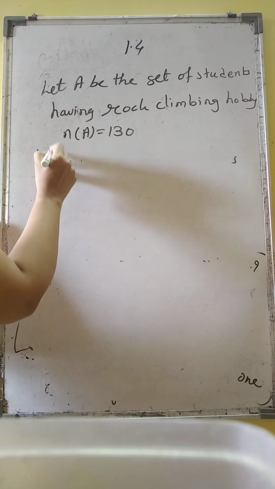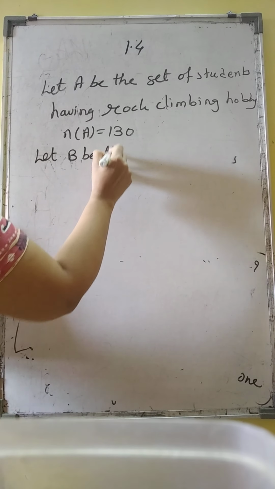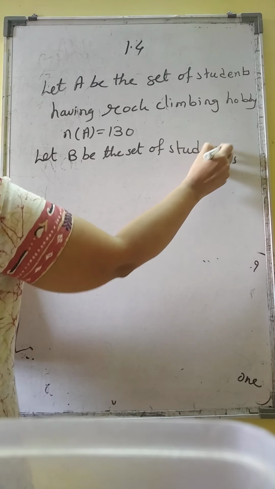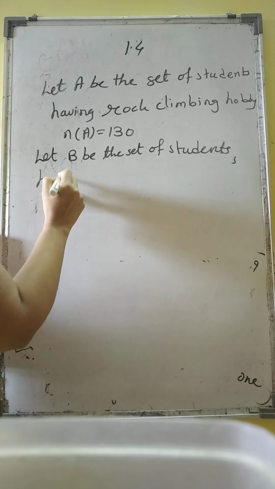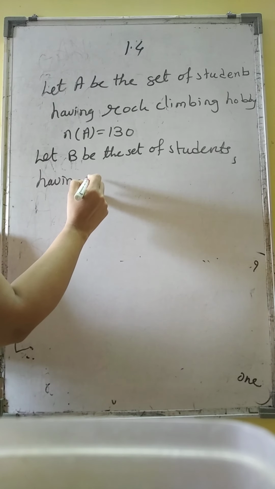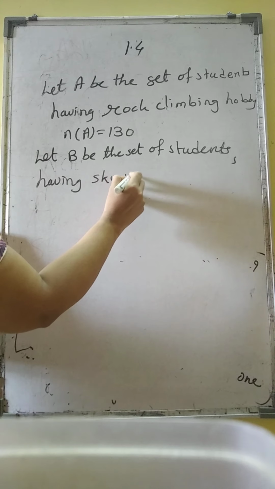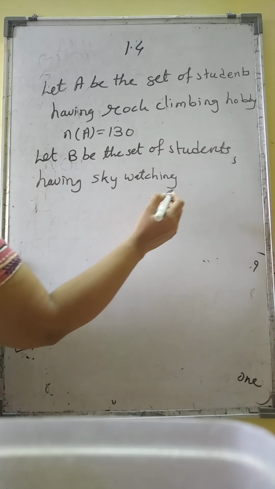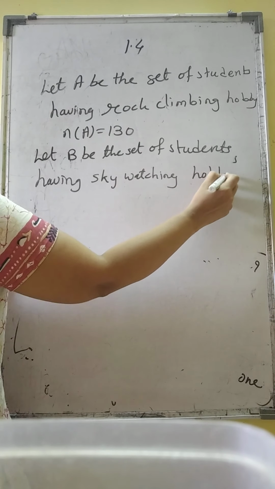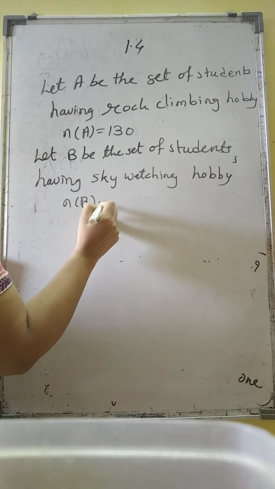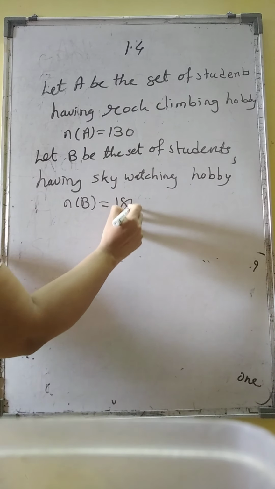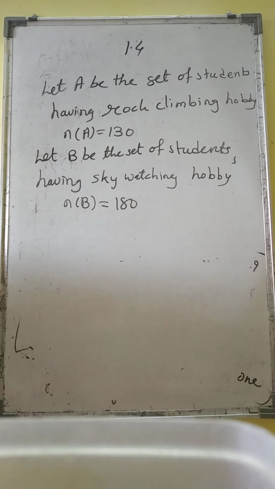And let B be the set of students having the sky watching hobby. So what is N of B? 180? 180. Yeah, Krish, correct.